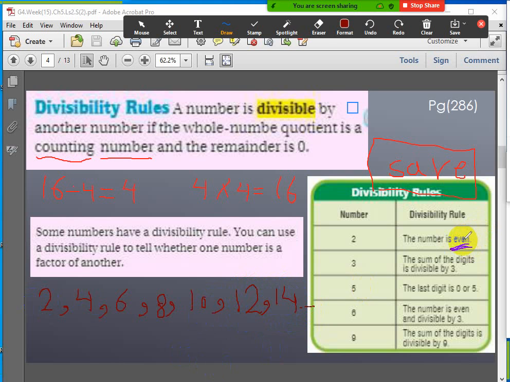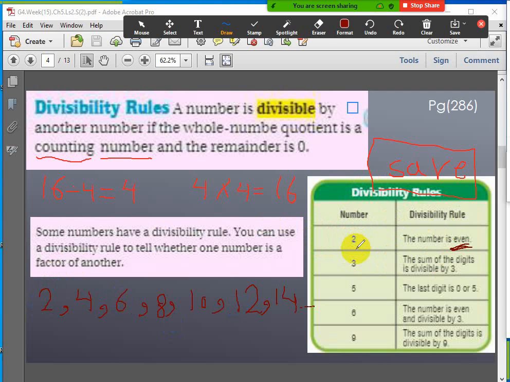So, even numbers are divisible by 2. That means I can divide those numbers by 2 and the quotient is a counting number without any remainder. Try. Divide 2 by 2.